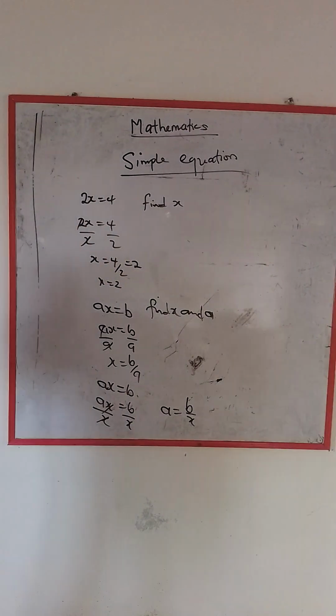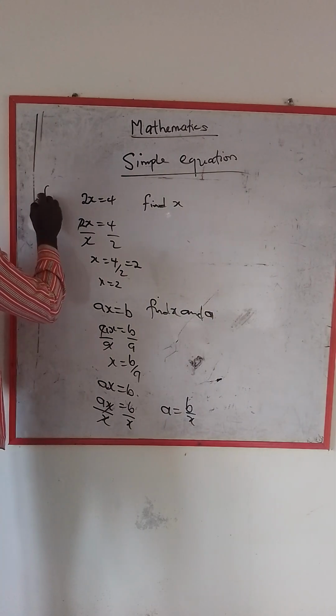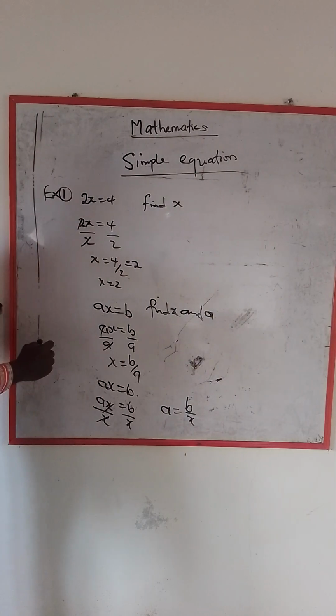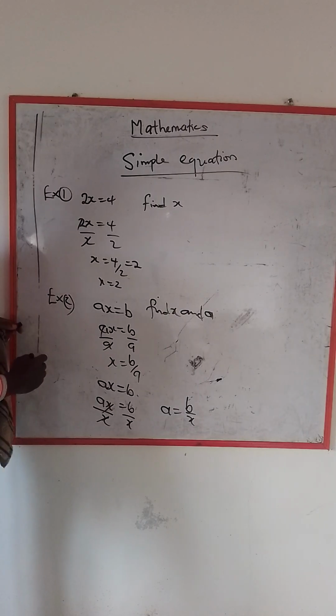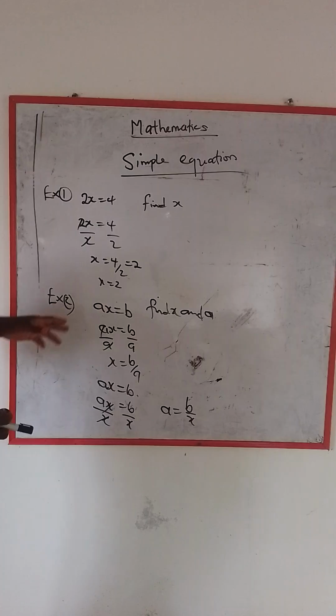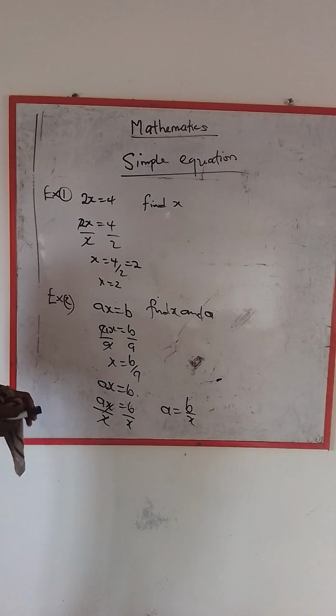So if you check closely, you will see that what we applied in example 1 is the same thing we applied here in example 2. It didn't change. We applied it in both cases where we are dealing with alphabets. So the principle of simple equation has never changed, and it will not change.